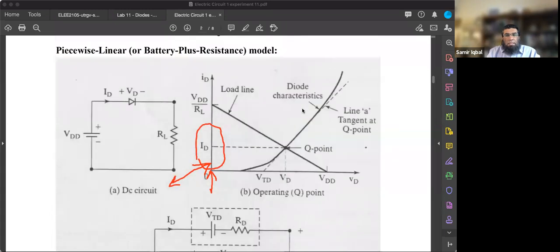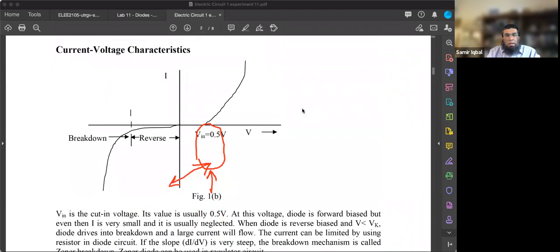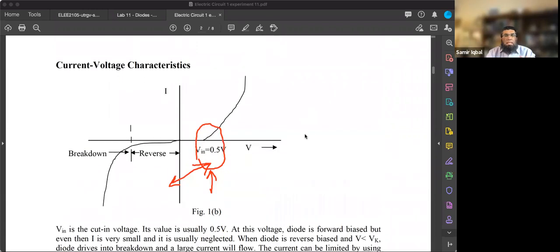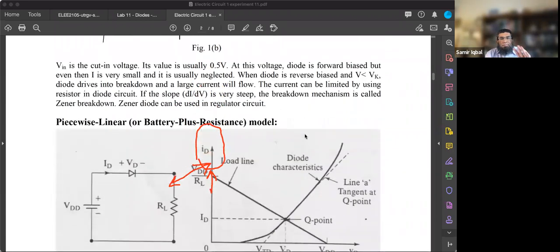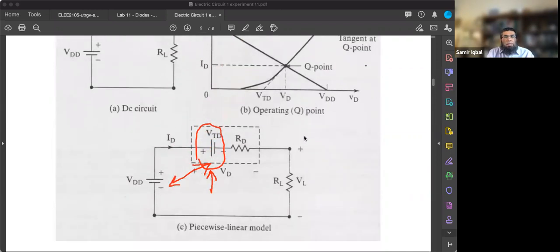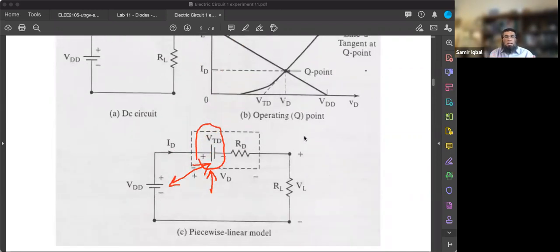That voltage, until what time? Until that point, the diode doesn't start conducting, right? So we say, okay, that's the voltage which is supplied by the diode itself, just for a model. And hence, there is no current flowing until the VDD becomes bigger than VTD.